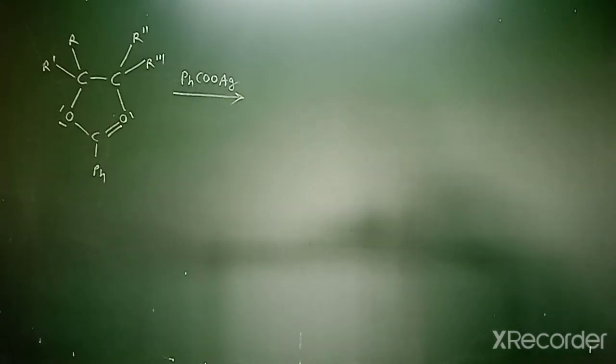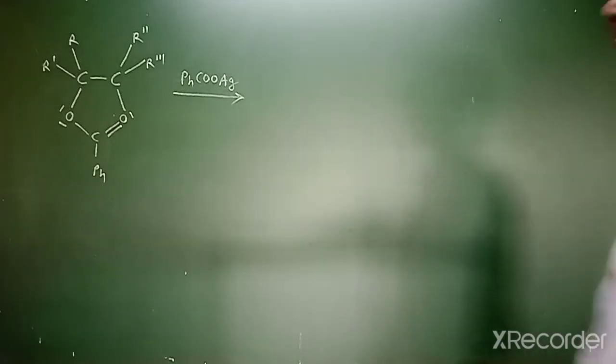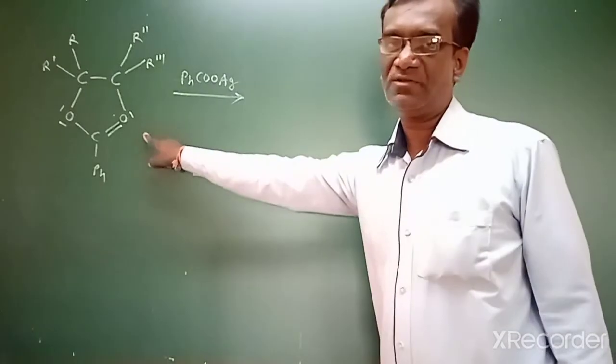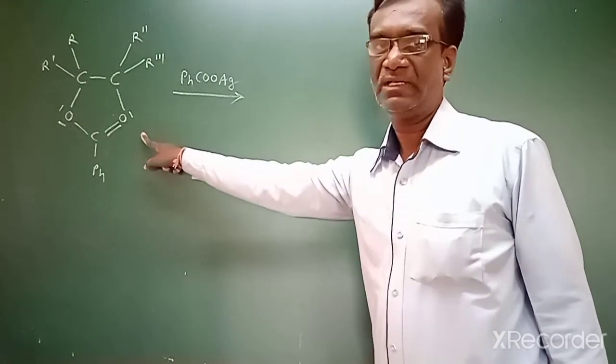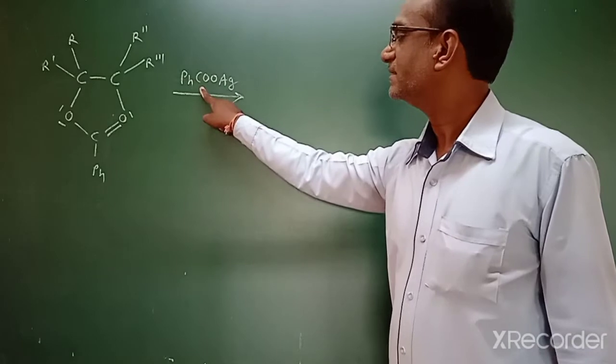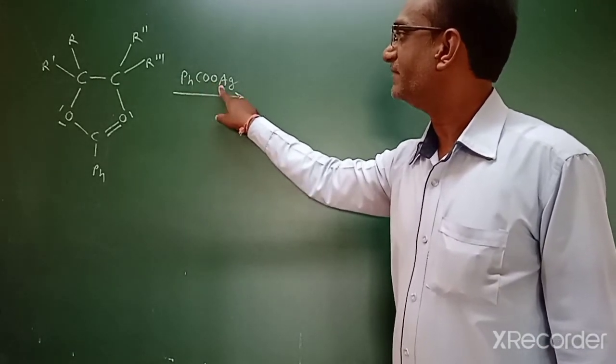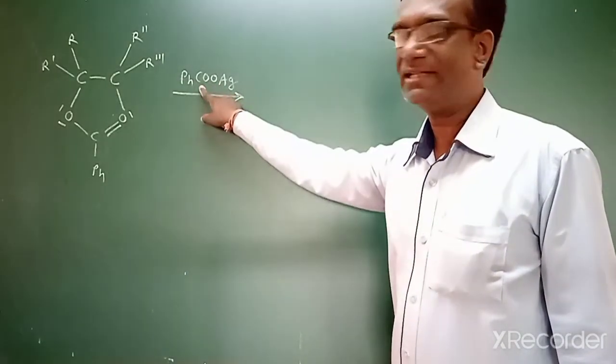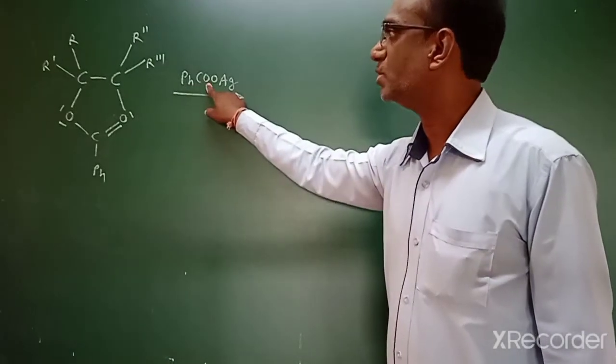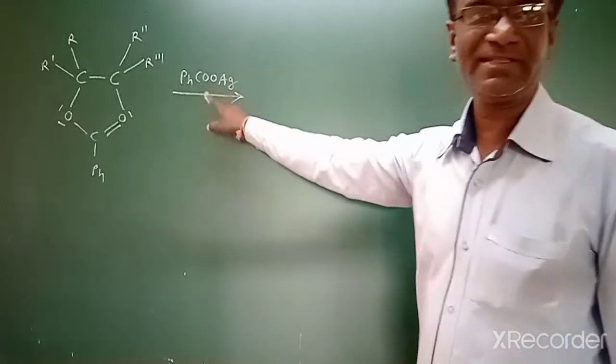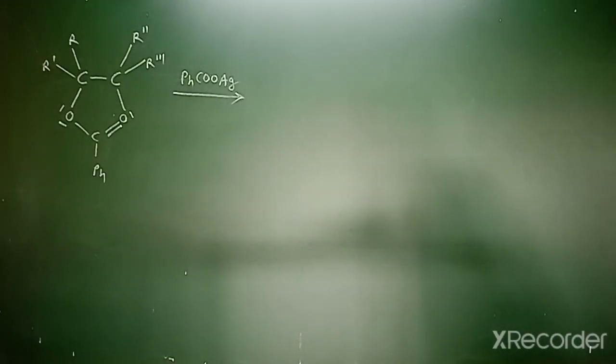Now students, the second canonical structure is written on the board. You can see this one. The second canonical structure we get here in the previous step is to be reacted with silver benzoate. Again the anion PhCOO will get attached to this carbon atom, but before that attachment of COOPh, firstly the breaking of this bond takes place.